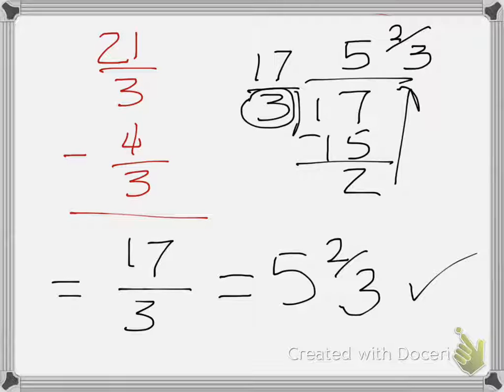So once you have a common denominator and you see that your top fraction is too small, then you basically can make the decision. Do you want to convert everything to improper fractions, or do you want to do that fun little method of borrowing 1 and boosting your top fraction up. The choice is yours. Both ways are fine, and they will get you the answer that you need.